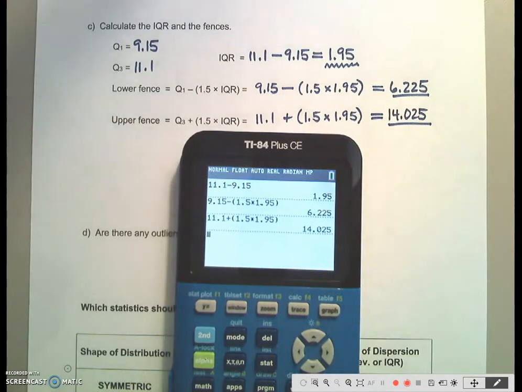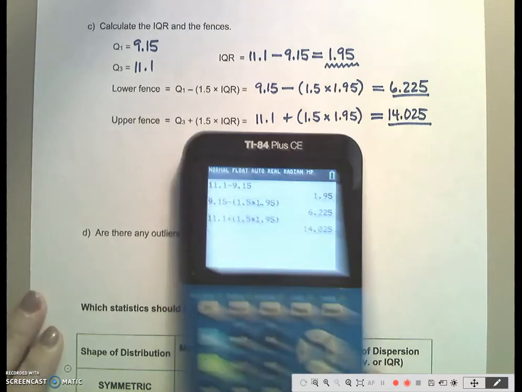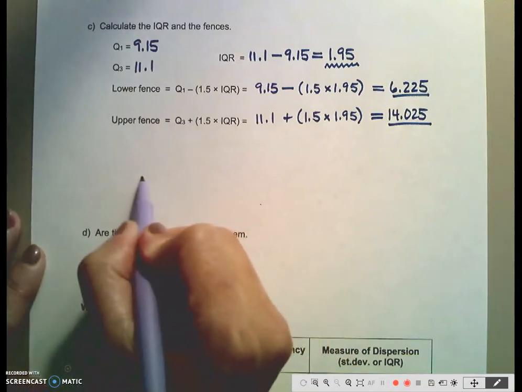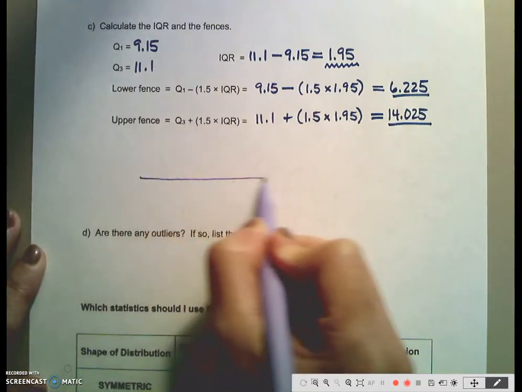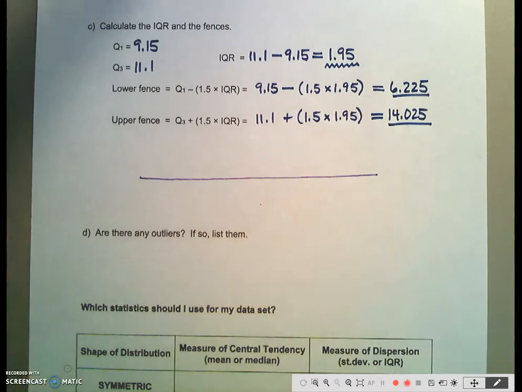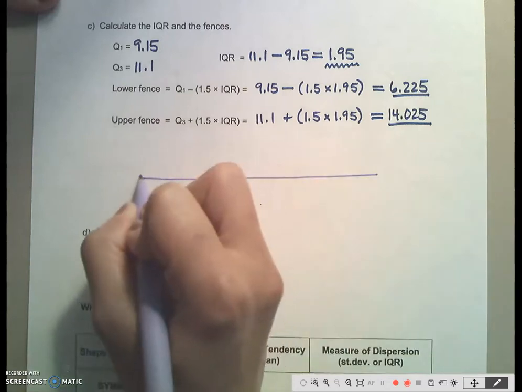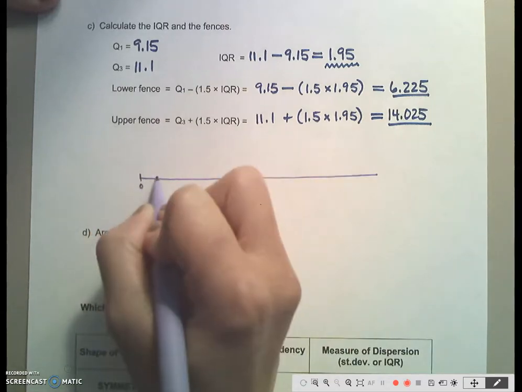So what the heck does all of this mean? It's just like a bunch of numbers thrown on the page, right? So let's try to get a picture of what's happening, okay? Let's say we have a number line here, okay? And this may not be terribly accurate, but let's see, if I go, let's say this is 0.